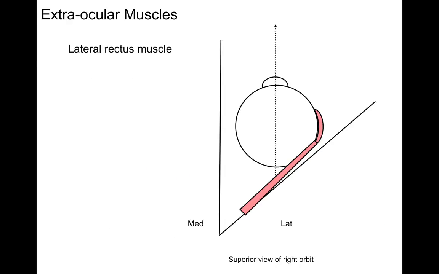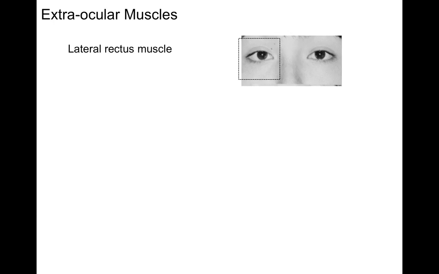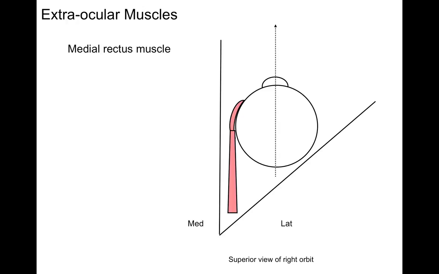Let's go to the lateral rectus first. This is a superior view of the right orbit. Medial and lateral have been indicated. The dotted line represents the axis of the gaze of the eyeball. When this lateral muscle contracts, it will abduct the eye in that horizontal plane, as in looking laterally. The medial rectus muscle is going to then be the antagonist, and it will adduct the eye in that horizontal plane, or cause the eye to look towards the nose.